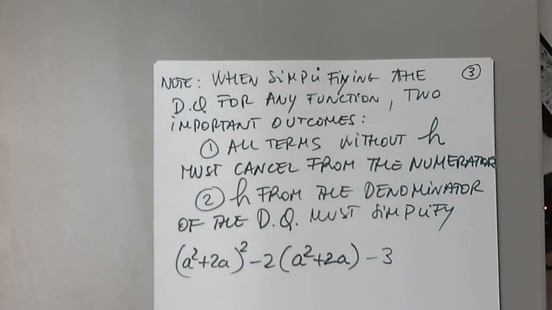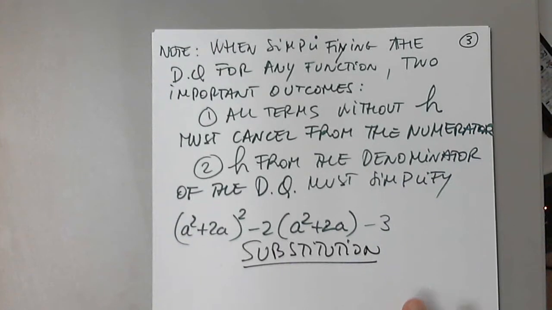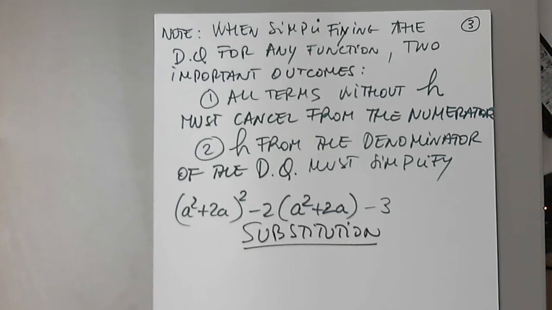This problem is typical for a certain technique that we call substitution, or in some books you're going to find it as the change of variable strategy or technique. Why do I need to substitute? I don't.